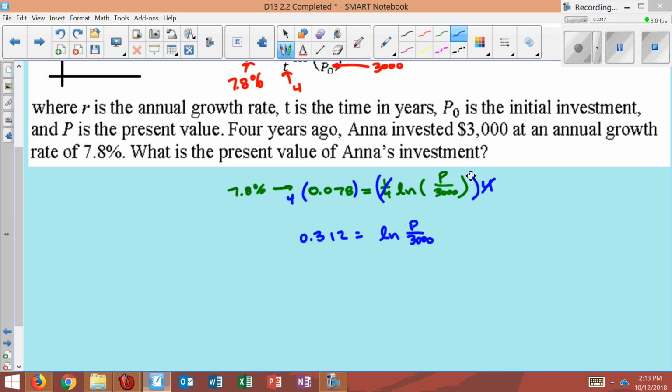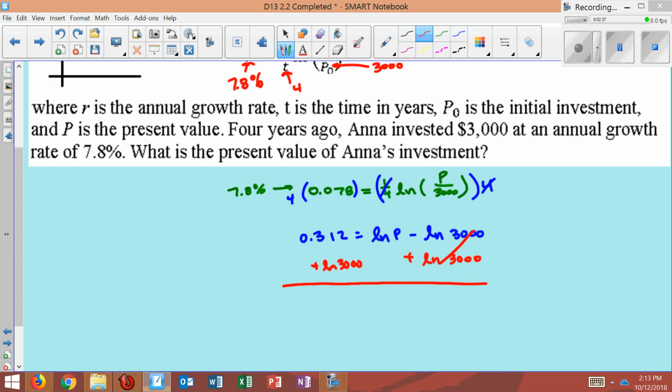If you remember, one natural log dividing is the same thing as two natural logs subtracting. So from here, I can add a natural log of 3,000 to both sides. And so I'm going to type this part in the calculator and see what I get.